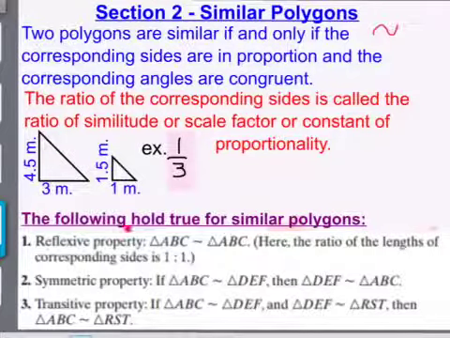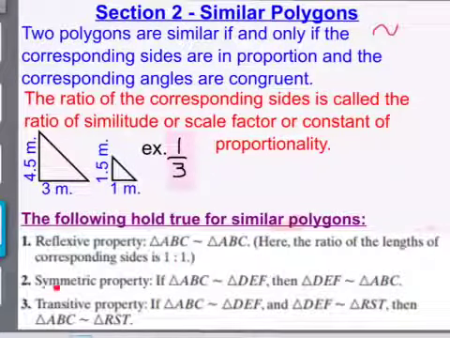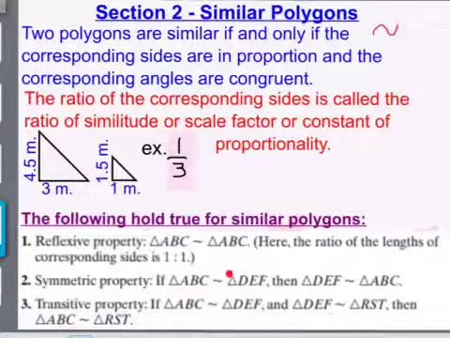Now the following properties hold true for similar polygons. The reflexive property: you can write triangle ABC is similar to itself. Here the ratio of the lengths of the corresponding sides is 1 to 1 because it's the same triangle. The symmetric property: if triangle ABC is similar to triangle DEF, then triangle DEF is similar to triangle ABC, so you can write it either way.